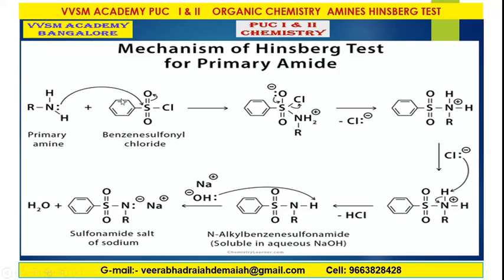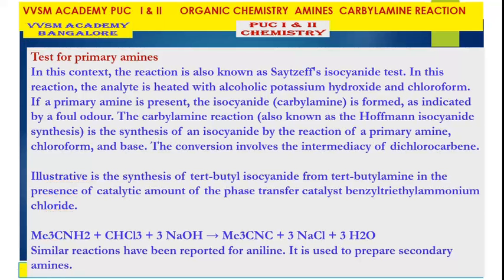Here the electrons, electromeric effect, that is electron transfer, and you will get these are the mechanisms of this one, where delocalization of electrons occurs and the elimination of chlorine, and the elimination of hydrogen chloride, and alkyl benzene sulfonamide, soluble in aqueous sodium hydroxide, gives the sodium salt of sulfonamide along with water. This is the brief mechanism of Hinsberg test for primary amine. Test for primary amines. Conclusion.